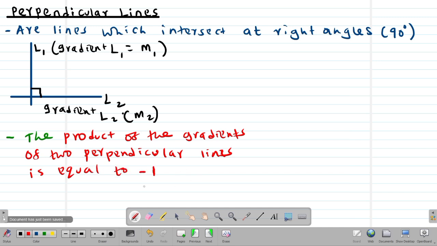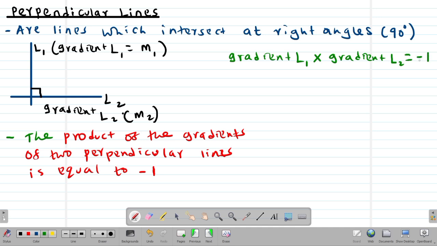Remember, the word product in mathematics simply means multiplication. So in simple terms, if you take the gradient of the line L1 and multiply it with the gradient of the line L2, these two are supposed to give you -1.